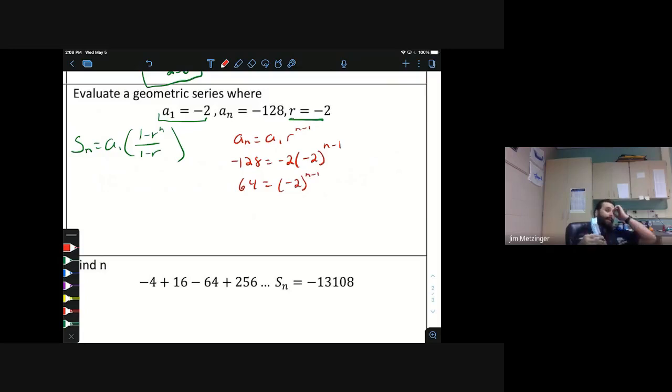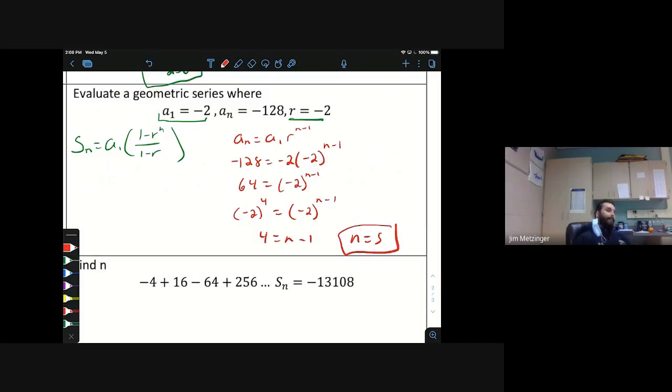It gets a little weird when you got negative bases. What power do you got to raise -2 to make 64? 4. So I figured that out. Negative 2 to the 4th power is 64. Then you solve for n. If 4 is equal to n minus 1, n is equal to 5.